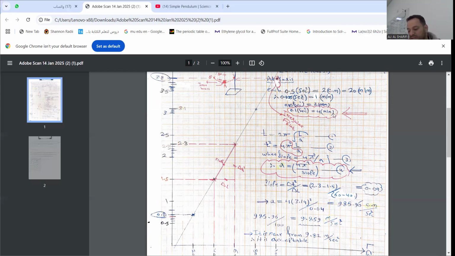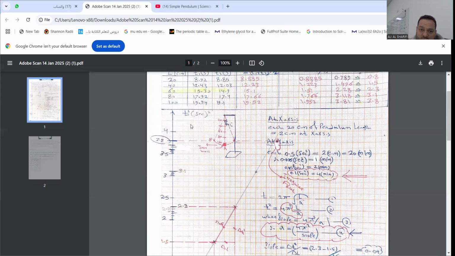That will give me a specific result when I plot my curve and place these positions on the y-axis correctly: 0.5, 0.8, 1.5, 2.3, 3.1, and 3.8, according to this equation.